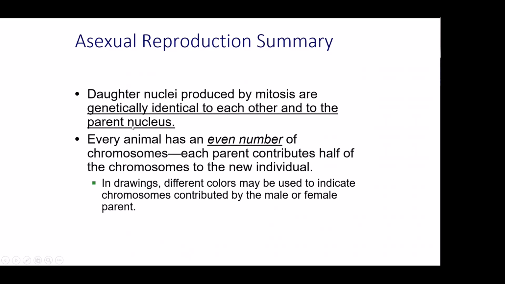Another important thing is that every animal has an even number of chromosomes. Each parent contributes half of the chromosomes to the new individual. And we'll see that's the case, of course, for meiosis and sexual processes, but that is also the case in your own cells, in your cells that are dividing by mitosis, because you have this even number of chromosomes, and half of those chromosomes are from your biological father, half from your biological mother, and you go from there.